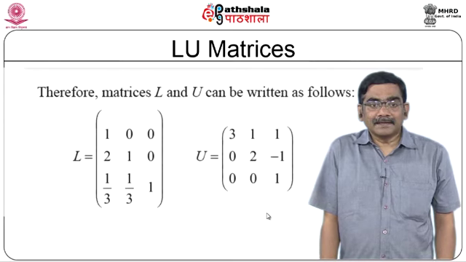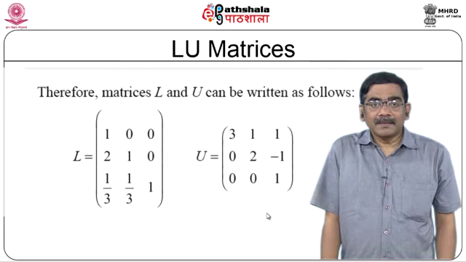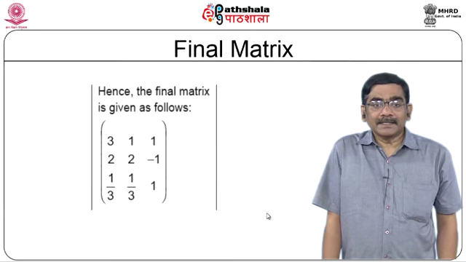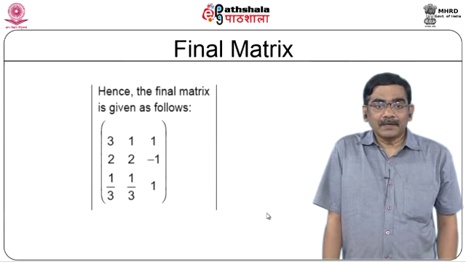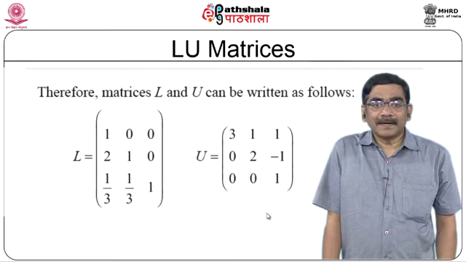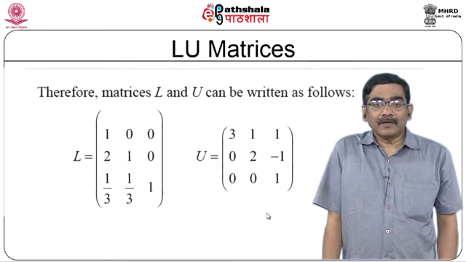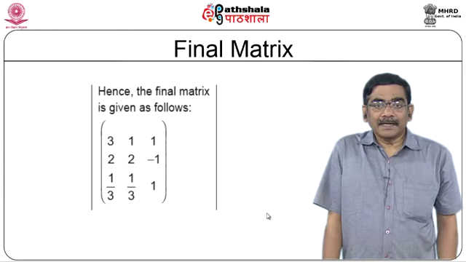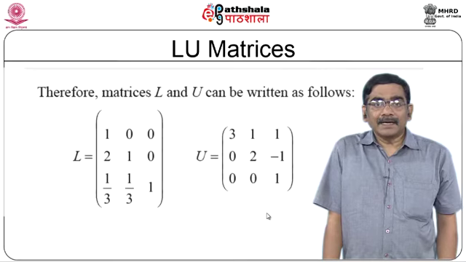For the matrix L, the diagonal elements are going to be 1s, and all the upper elements are going to be 0, and the rest of the elements go as the elements of the matrix L. For matrix U, it holds the values of the upper elements, and all the lower elements are going to be 0.